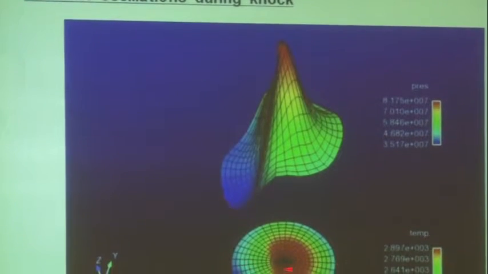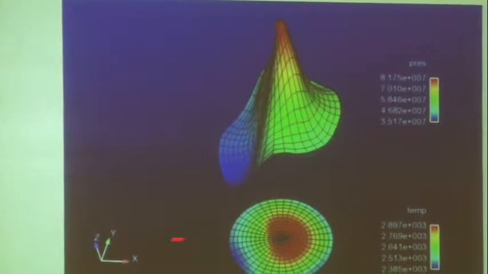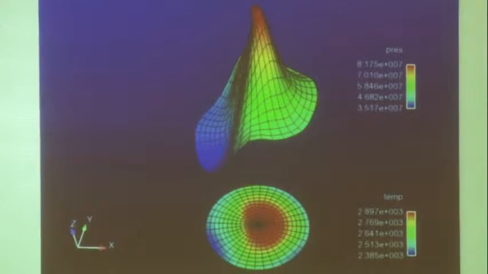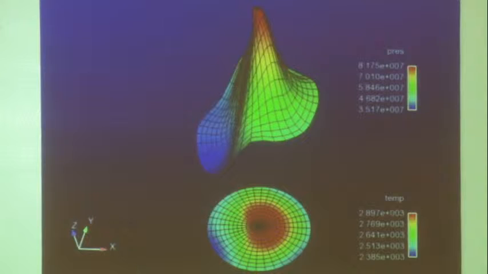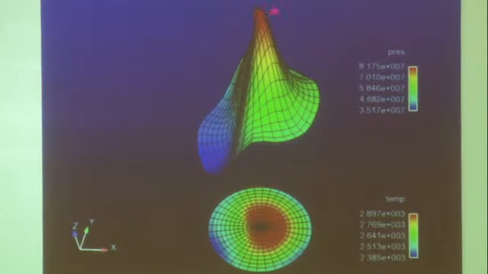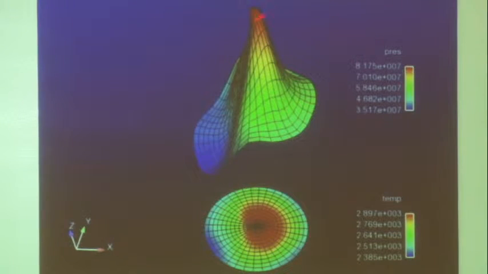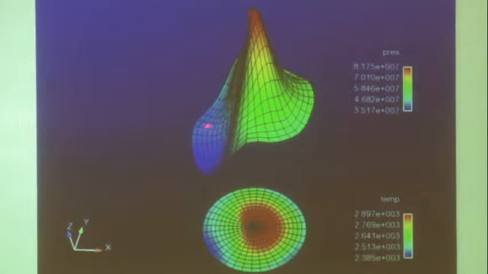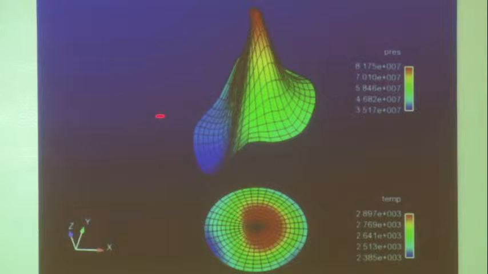And you'll see the pressure waves causing the high temperature zone to be convected back and forth. The peak here would be the instantaneous peak pressure in the combustion chamber. Again, the average pressure would be obviously the average that you're seeing here. And there are going to be pressures lower than the average and pressures higher than the average. But it's very interesting to watch this.